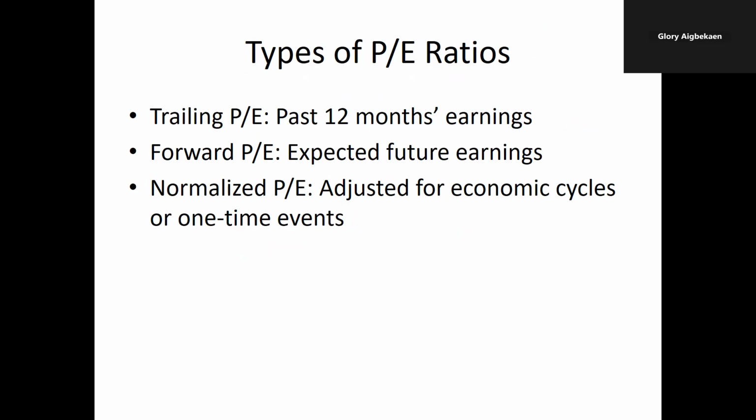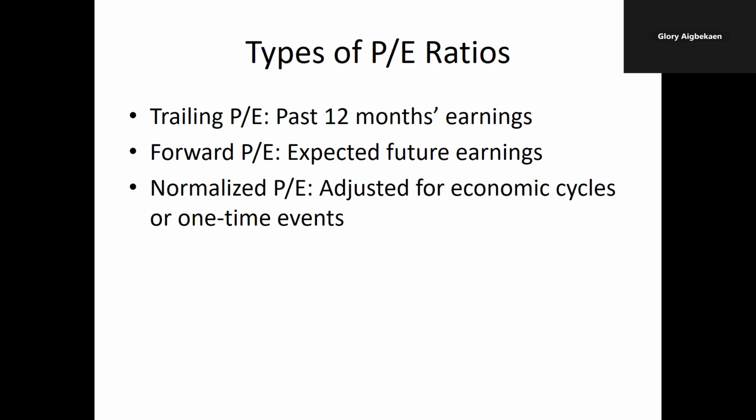There are different types of PE ratio. There is a trailing PE ratio, there is forward PE ratio, and there is normalized PE ratio. But in each of these PE ratios, price is always constant. Price is the numerator, while earnings is the denominator.